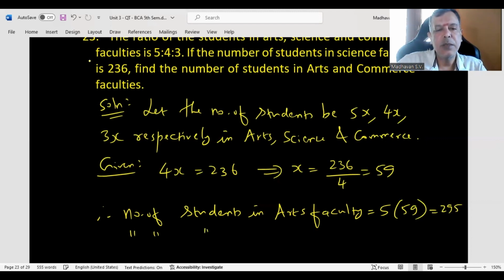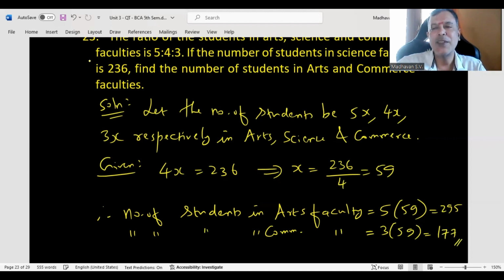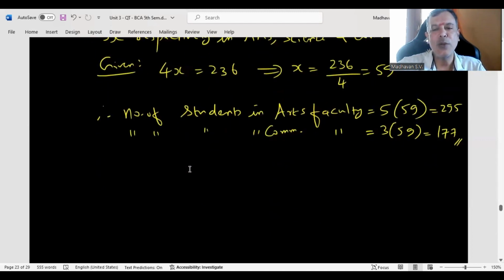Number of students in commerce faculty will be 3 times 59. That will be 177. That is the solution for this question. Let us move on to the next.